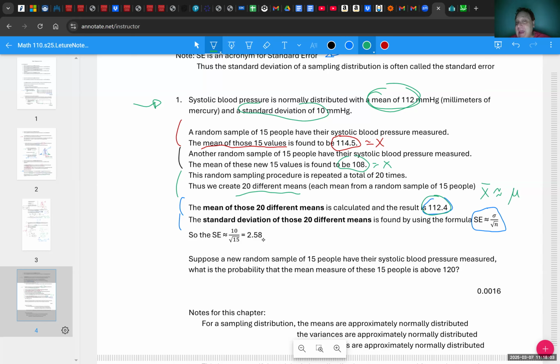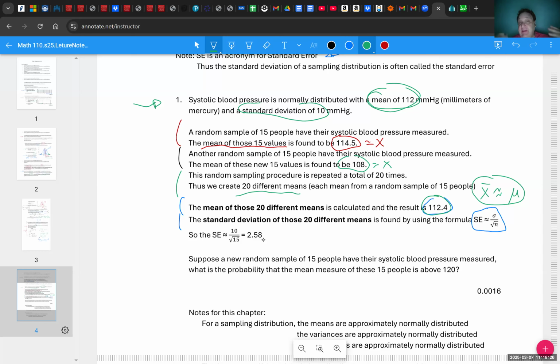We don't actually have to calculate the mean of those 20 different means because we know it's going to come out approximately the same as the original mean. That could save us a little bit of time. Same thing, we don't have to calculate the standard deviation of this new distribution because we have a nice little formula that approximates the standard deviation very nicely as sigma divided by square root n.